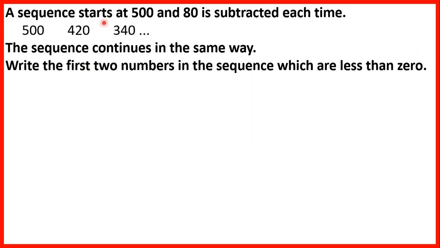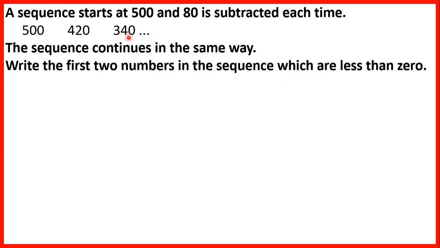A sequence starts at 500 and 80 is subtracted each time. So 500 minus 80 is 420, minus 80 is 340, and the sequence continues in the same way. Write the first two numbers in the sequence which are less than 0.